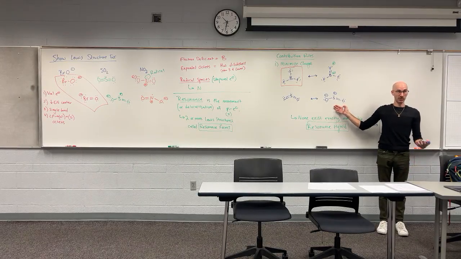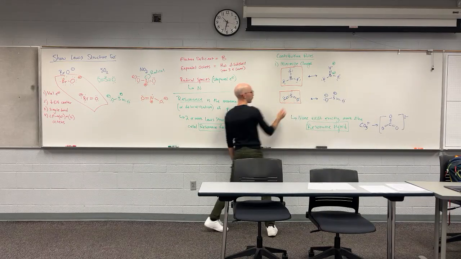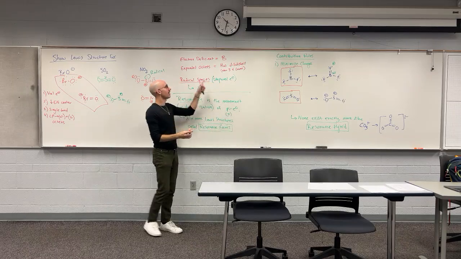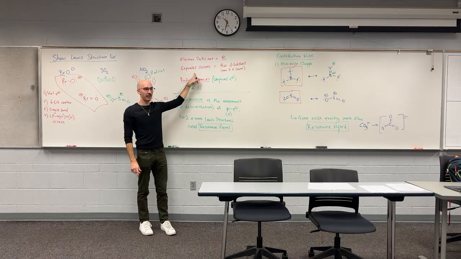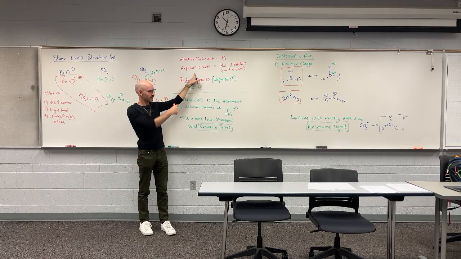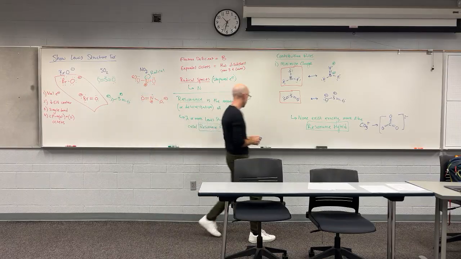It has formal charges. And I don't need to have formal charges for SO2. But it does mean I need to expand my octet. So atoms that can expand their octet will expand their octet in order to minimize formal charge. Deal?